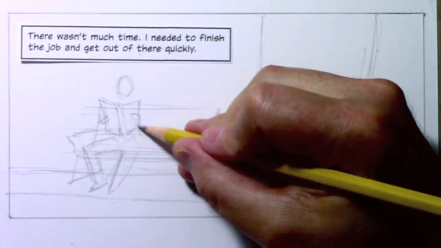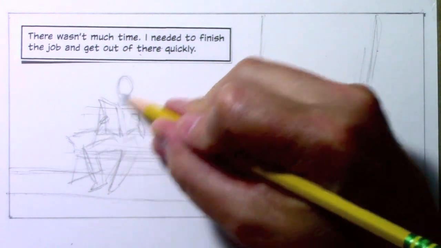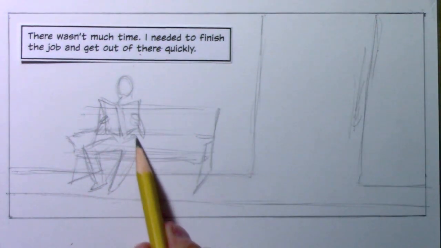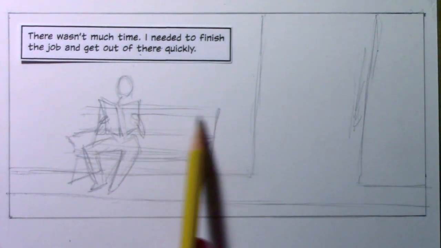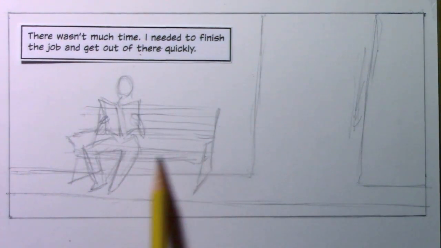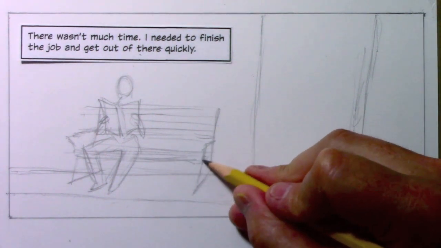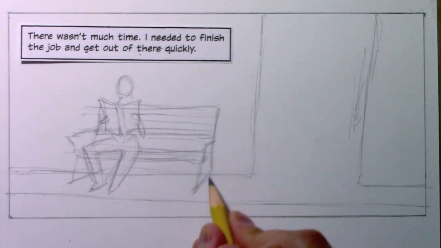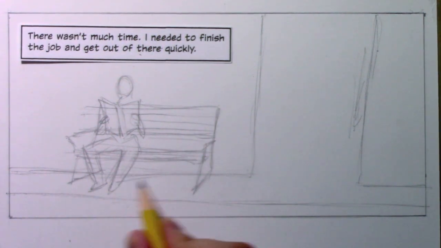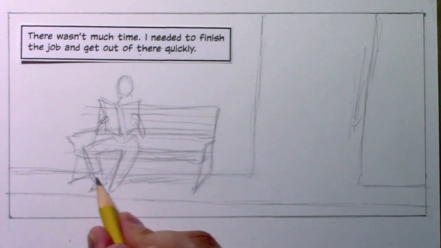I'm going to do a lot more detail work on this in time-lapse as we wrap this thing up, or get into the final part of the illustration. But hopefully this gives you a sense of how I'm making a radically different choice in terms of the way the bench is portrayed, drawing the entire thing rather than just a portion of it.